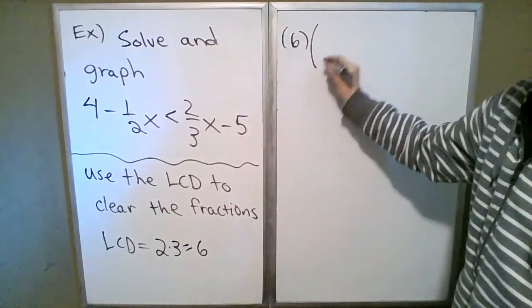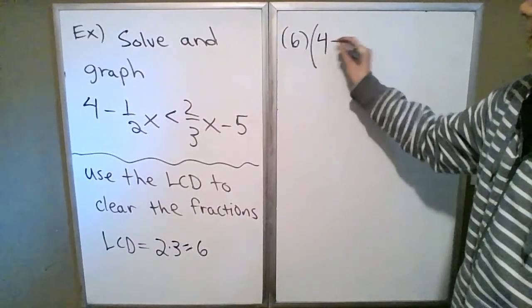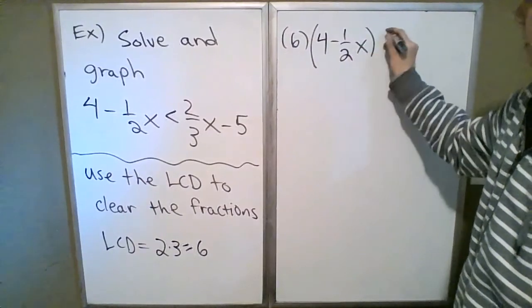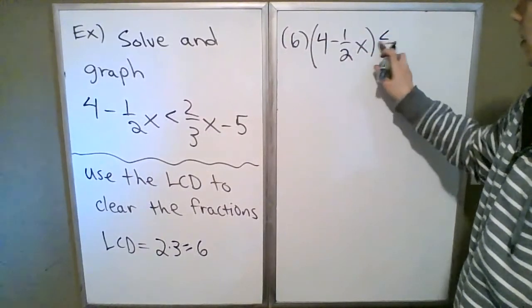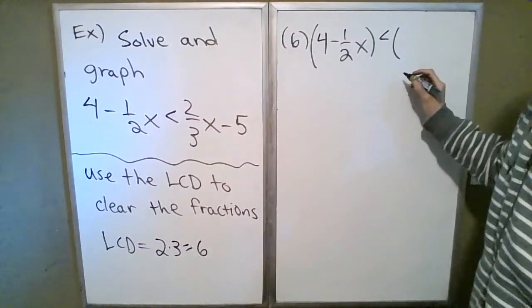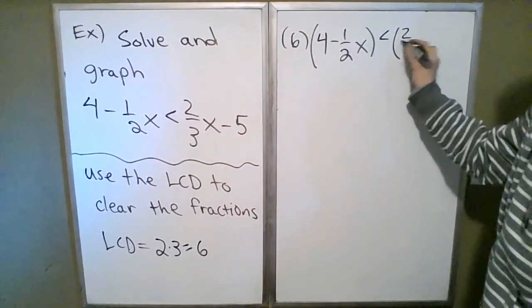Six multiplied with 4 minus 1/2 x, and it's just less than, the 2/3 x minus 5, and then multiply that with 6.